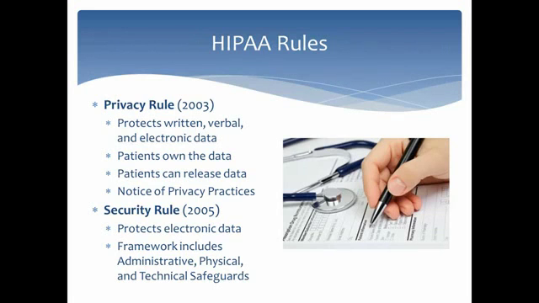And then we have the technical safeguards. And when we talk about protecting electronic data, a lot of people think the technical safeguards are what most of the security rule is about, but that's not the case. Technical safeguards are kind of a small portion of it, because the administrative rules in the HIPAA security rule are over 50% of the rules that have to be followed.